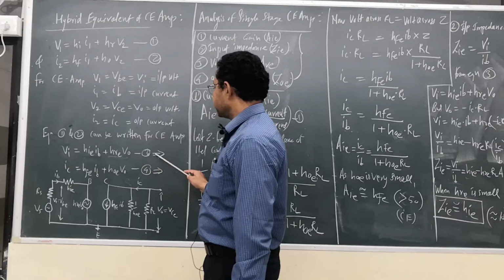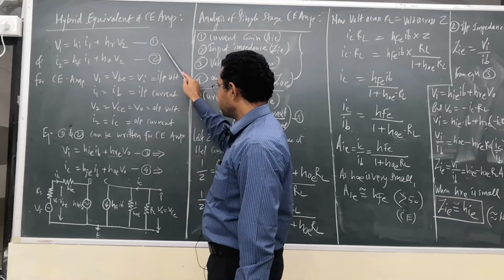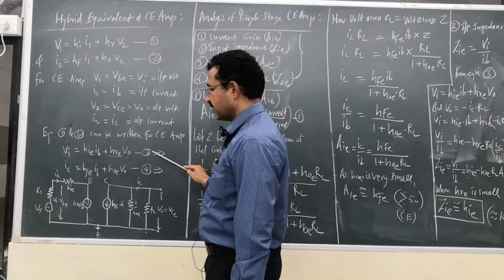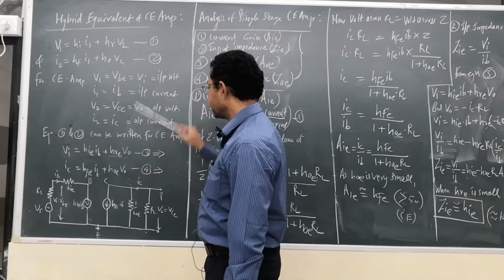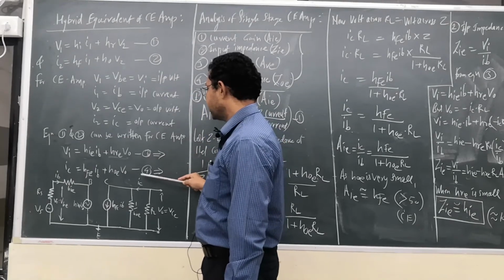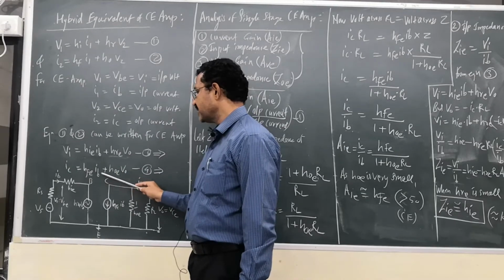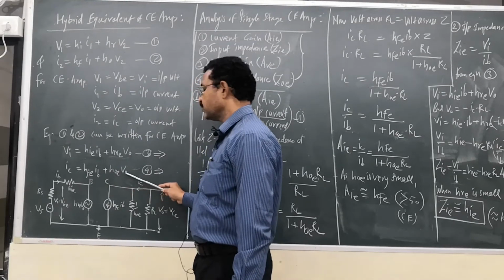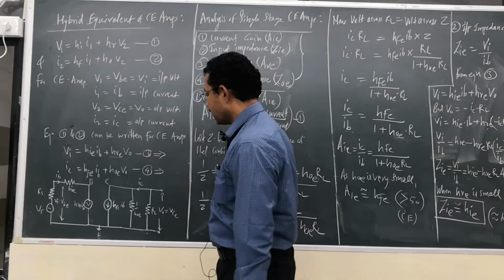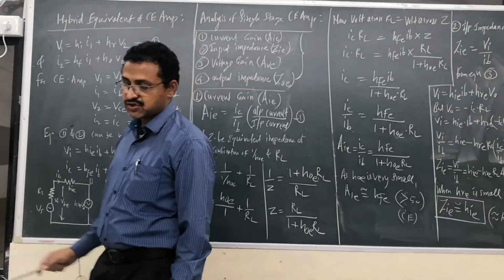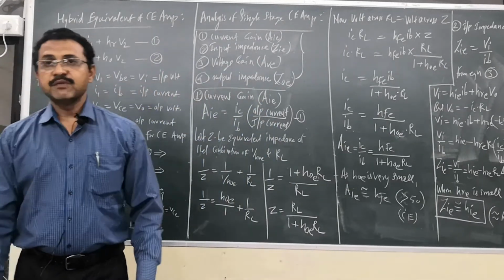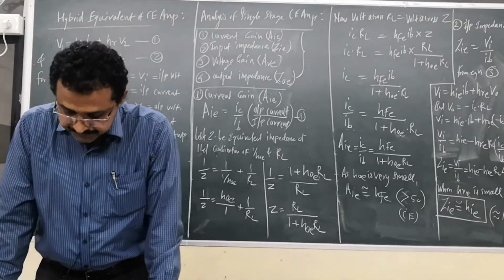This is equation number 3. Then equation number 2 we can rewrite for the CE amplifier as IC equals HFE into IB plus HOE into VO, equation number 4. So we have obtained equation number 3 and equation number 4 for the common emitter amplifier.